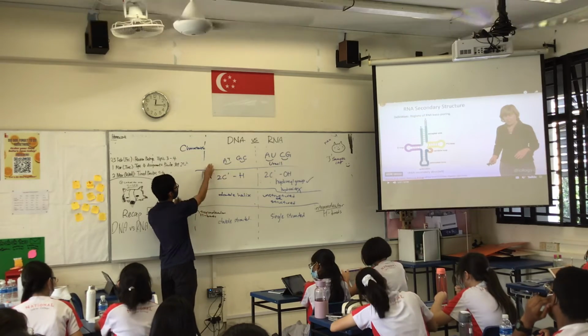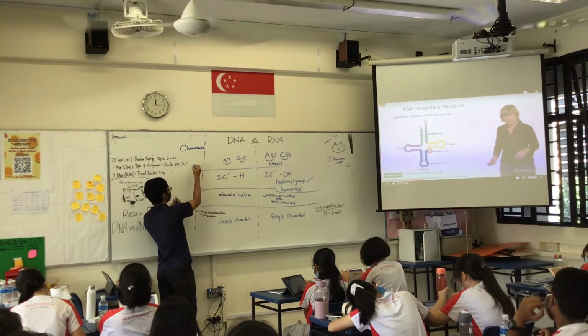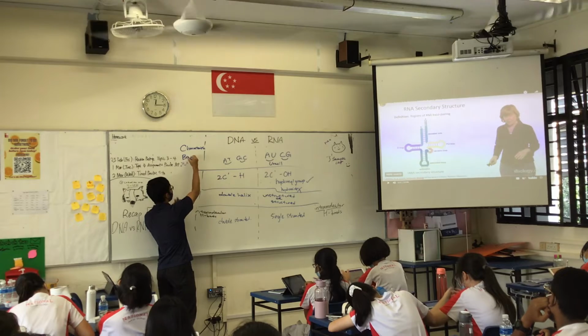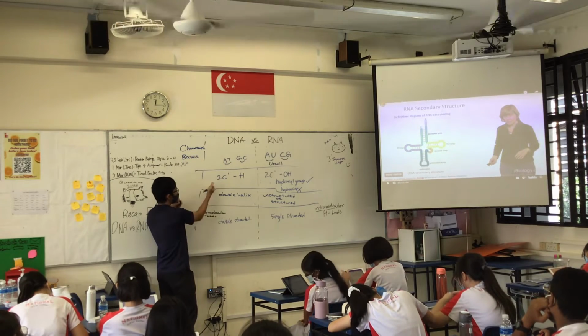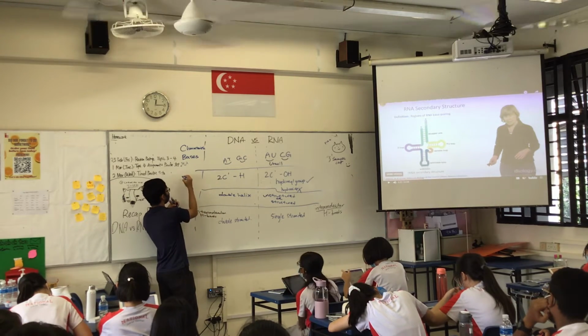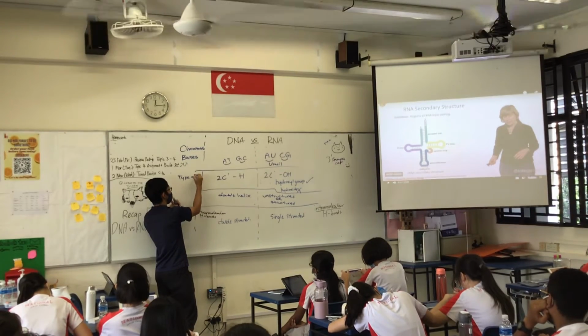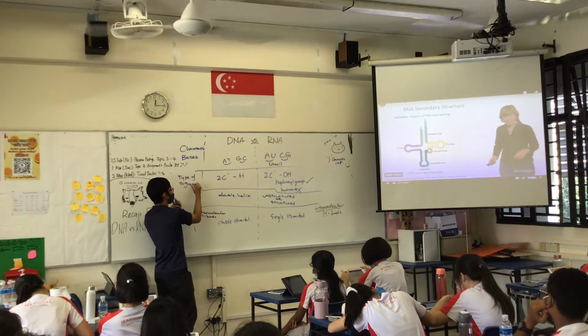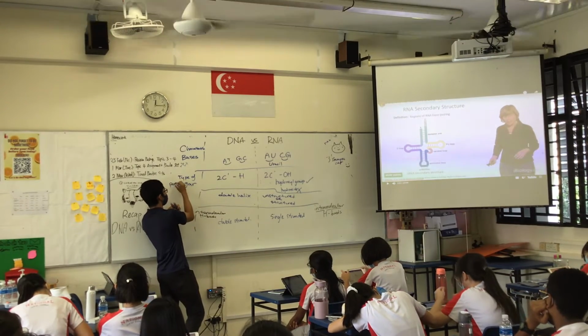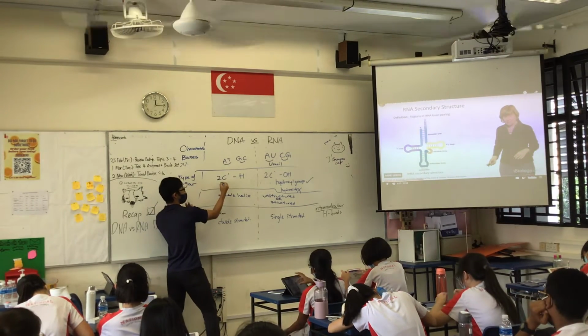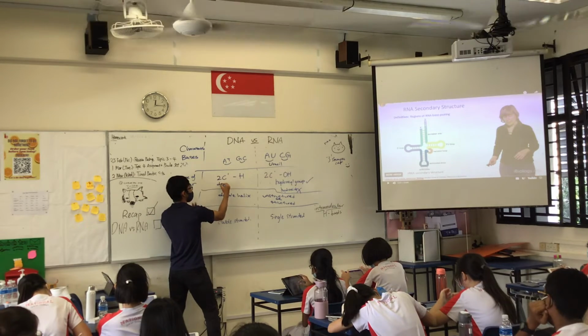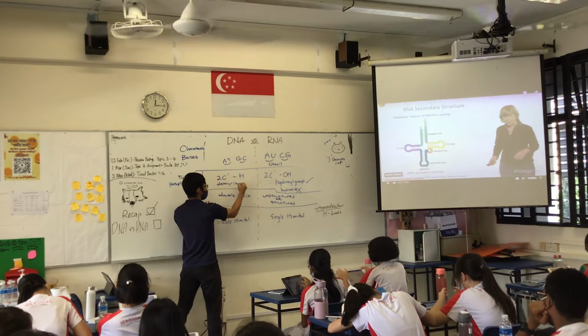So for example, here I will write maybe something like bases. Maybe over here, type of sugar, type of pentose sugar. This one is a deoxyribose.